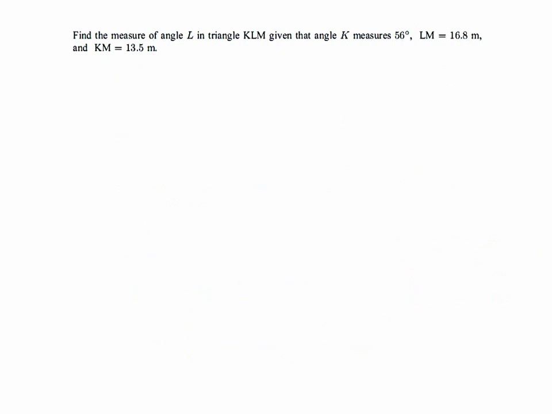Find the measure of angle L in triangle KLM, given that angle K measures 56 degrees, LM is equal to 16.8, and KM is equal to 13.5 meters. It'll be really helpful if we draw the triangle first. So we have KLM. We're given that the measure of K is 56, LM is 16.8, and KM is 13.5.